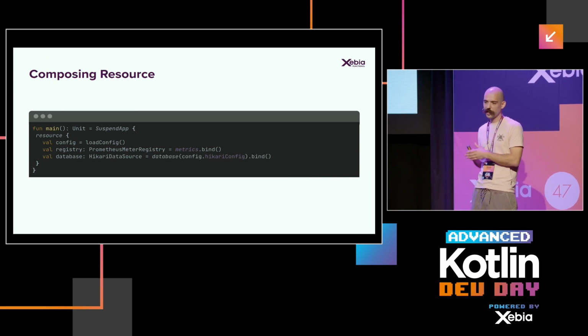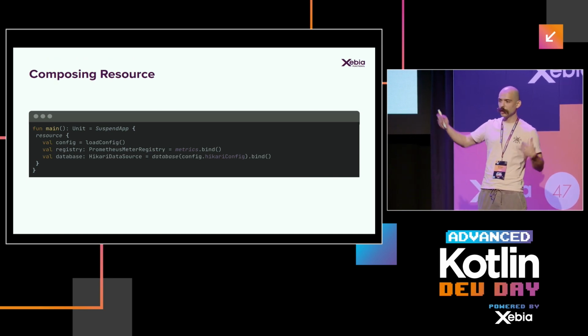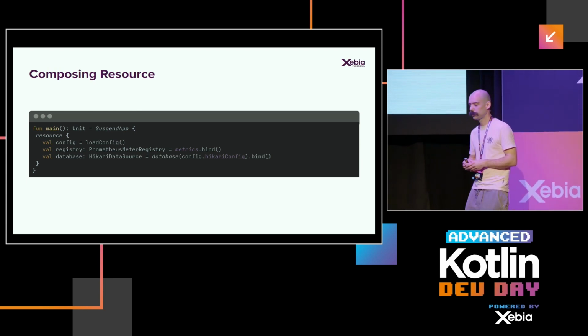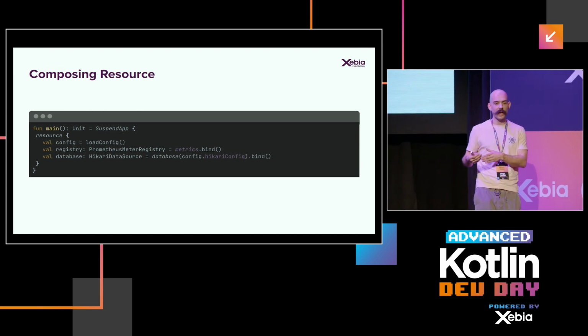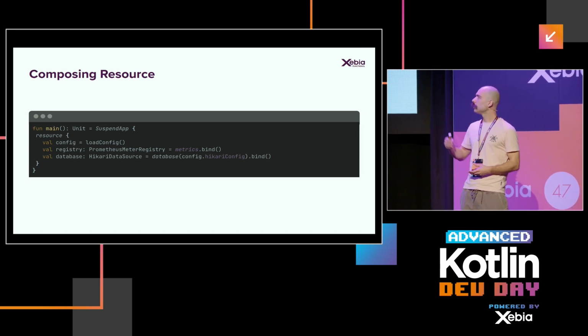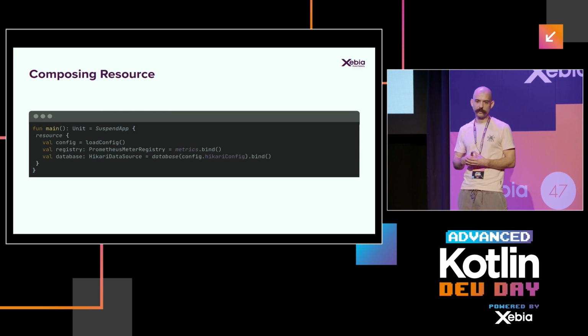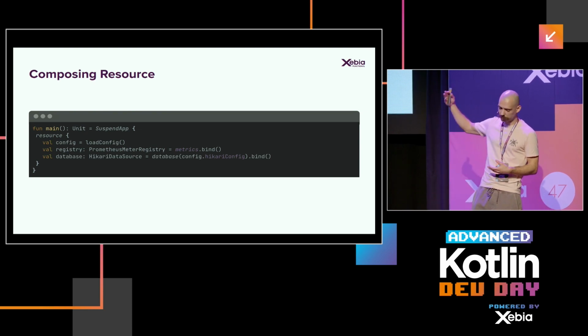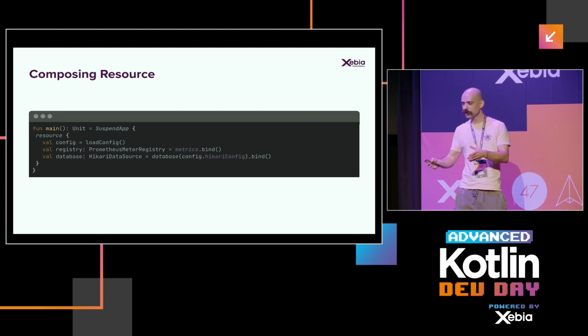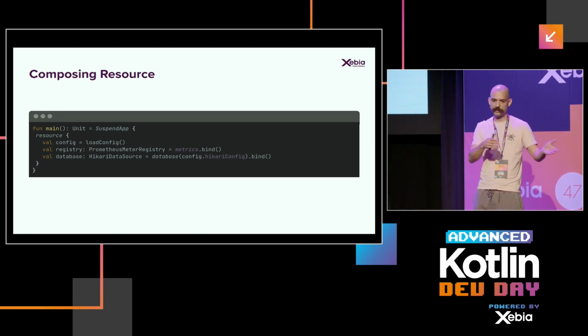But here in this first example, I'm opening a resource block, and inside this resource block, we get access to the bind method. And what the bind method does is it gives you access to the inner value of the resource on the left-hand side. And here, first we're binding the metric registry. We're then creating the database and binding the database resource, and that gives us access to the Prometheus registry and the database on the left-hand side.